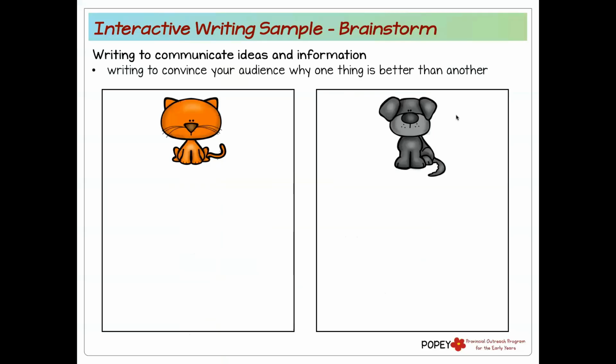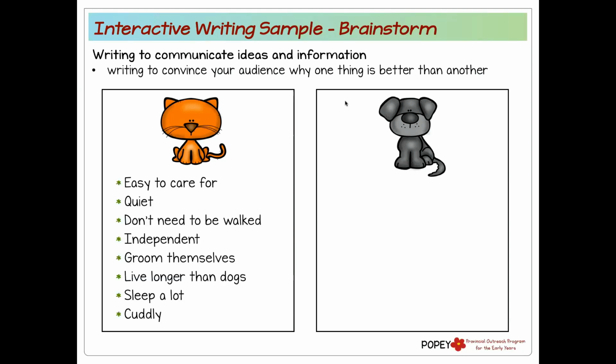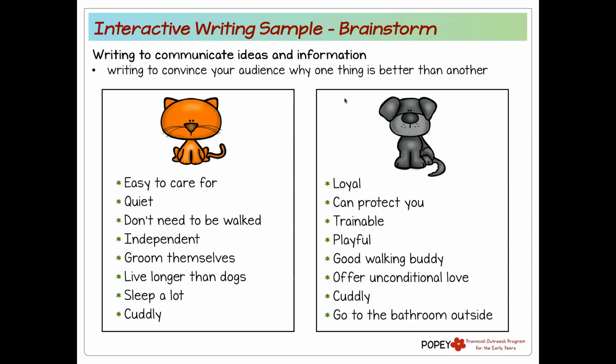With an interactive write, it could be more like we are talking with our students, coming up with ideas, coming up with information, because we're writing to communicate that information and deciding upon a class composition of the positives of having a cat and the positives of having a dog, so that we can start there with the idea that we now have the thing that we're trying to prove, and we have a lot of reasons, and we can work on that through our transition to some interactive writing, because now we can do some writing together and we can make that writing look however we want to.